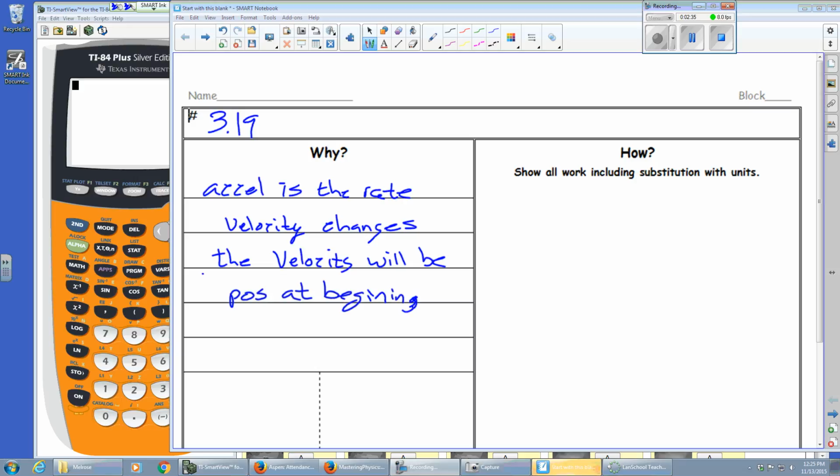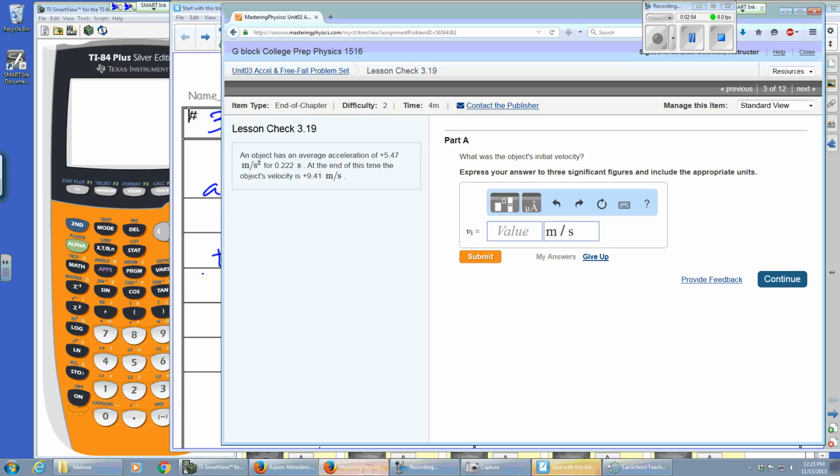So for my how, I'm going to start off with my equation of v final equals v initial plus a delta t. That can be found on our equation sheet, right? And so now I'm going to fill in what I know. I end up at 9.41 meters per second.